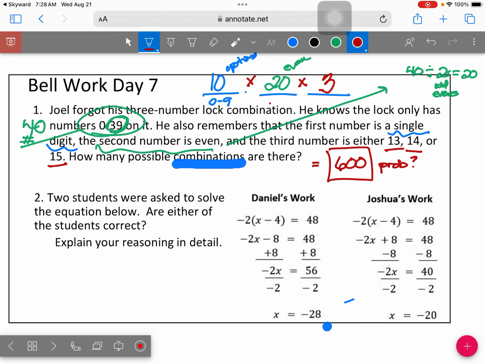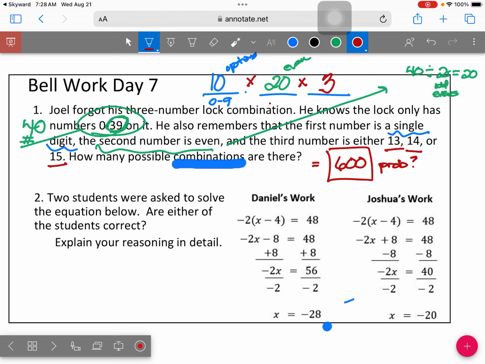Madeline, come on. Are you all finished? Okay. Times, what's the probability of rolling a 3 on a die? 1 out of 6. Now, if you remember your multiplication, you multiply top times top when it comes to fractions and bottom times bottom.